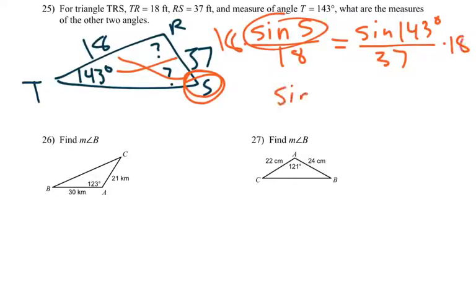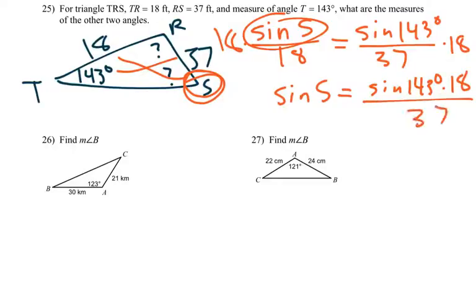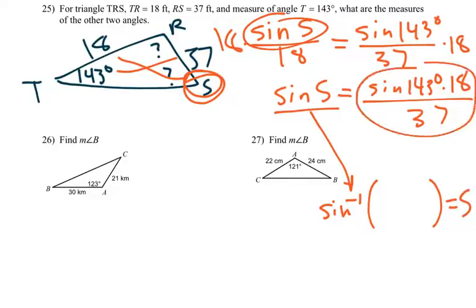So I get the sine of S equals the sine of 143 degrees times 18 over 37. Now because I have to separate the sine from the angle, that's when we use that inverse, that sine to the -1, and we get our angle, or of our fraction here, to get our degree.